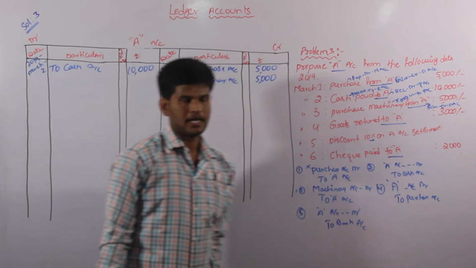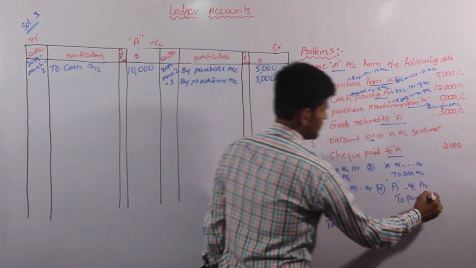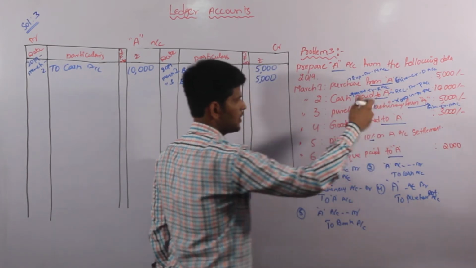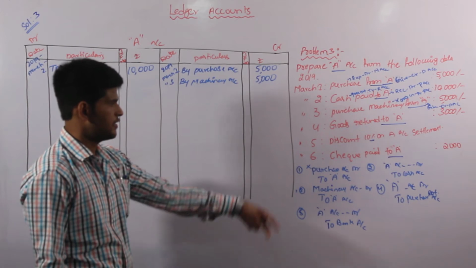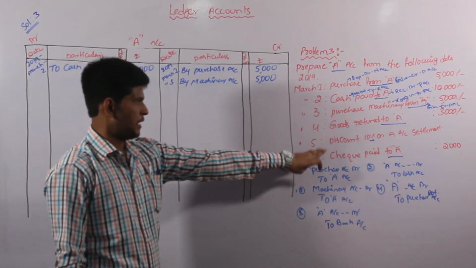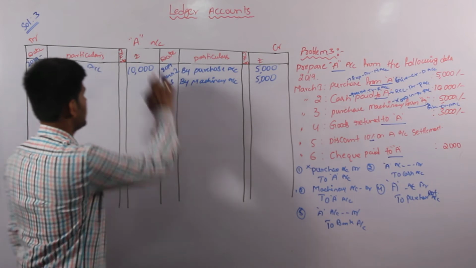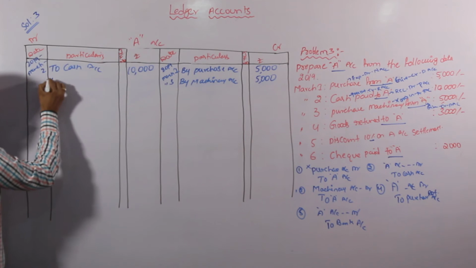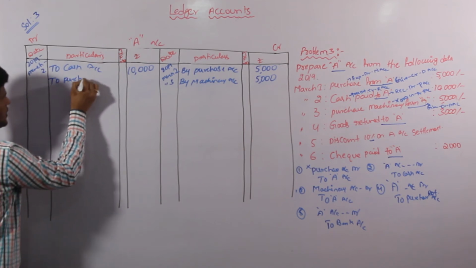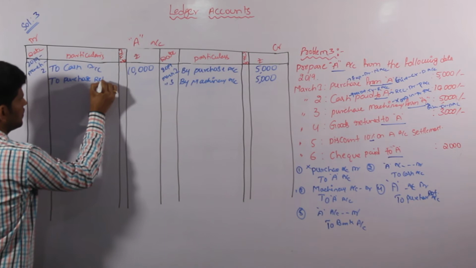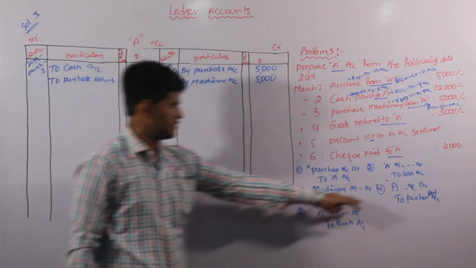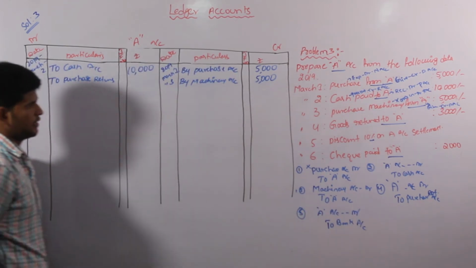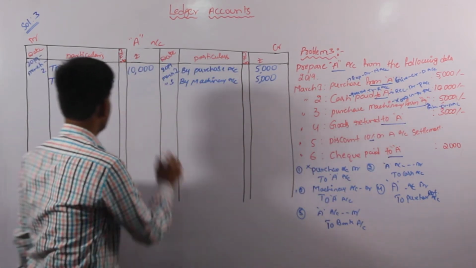A account debit to purchase returns account, meaning goods returned to A. We are returning goods to A. A is the receiver, and receiver is on the debit side of a personal account. Purchase returns is on the credit side. This is the procedure: A account debit to purchase returns, and the value is 3000.